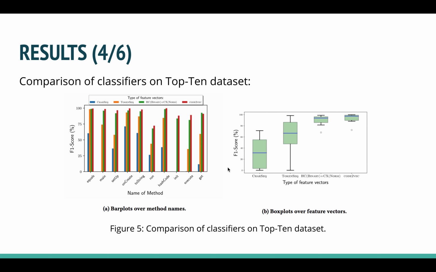Although the SBM code2vec performs better than the SBM handcrafted, the difference is not always significant. When the F1 score of code2vec is near perfect, for example, equals, on create, and hashCode, they both perform very well. Similarly, when the performances are very close, even for some methods like run, init, and execute, where both perform relatively worse.